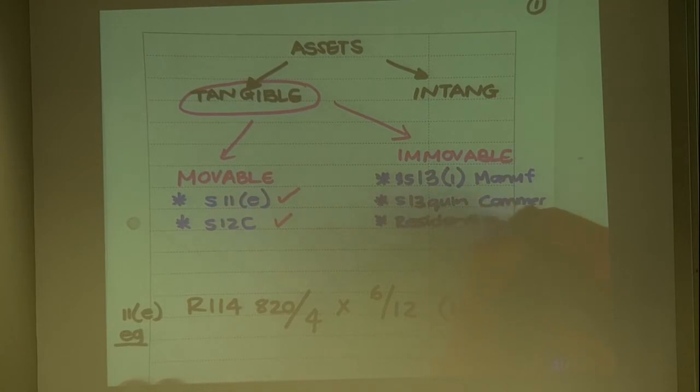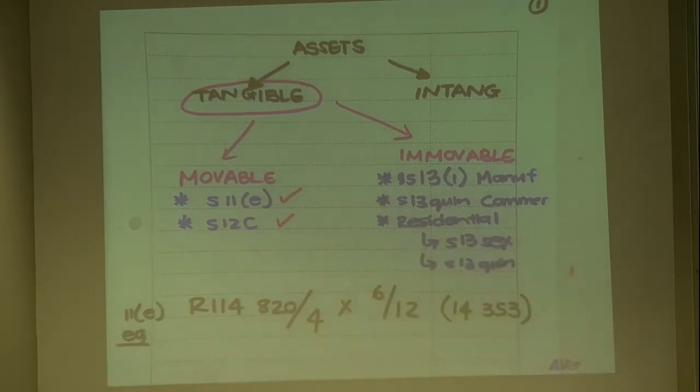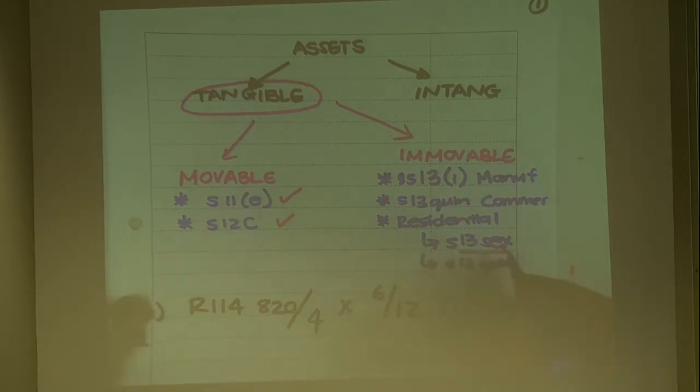I just want to show you that under residential, it is section 13.6, which we're going to deal with, and it is section 13 Quin. Now, they both relate to residential buildings. The one that we're going to deal with on this course is 13.6, which deals with the actual allowance on those units.